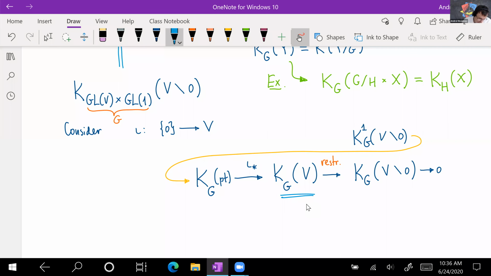If I study G-equivariant coherent sheaves on a vector space, it means I study modules over polynomials, but since I have scalars that act by dilation, these are graded modules over polynomials.